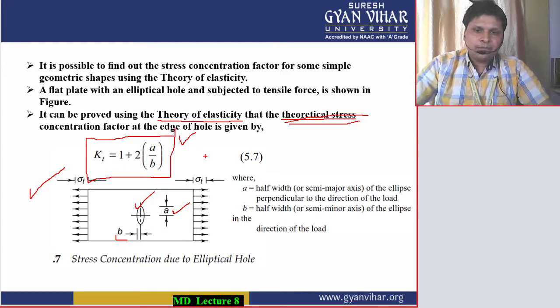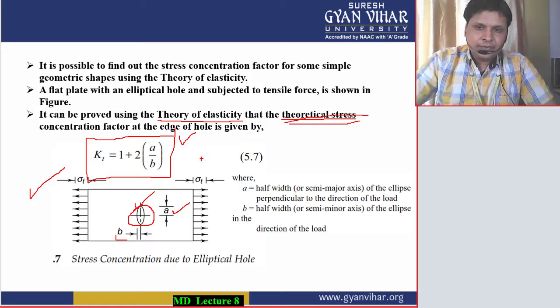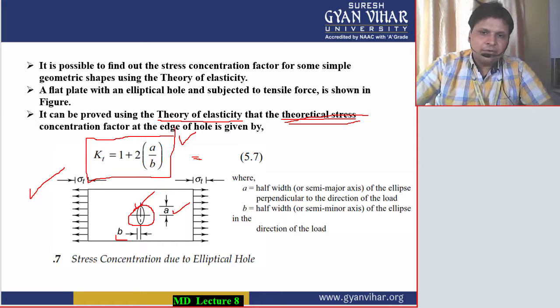Now let's take out one conclusion from this. If it had been a circular hole in place of an elliptical one, then there would have been no major axis and no minor axis. Both would have been the same, because everywhere you have a diameter d.